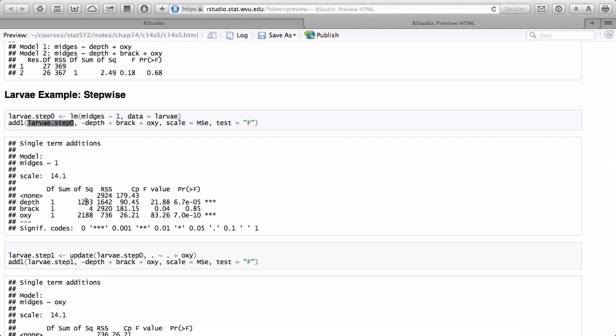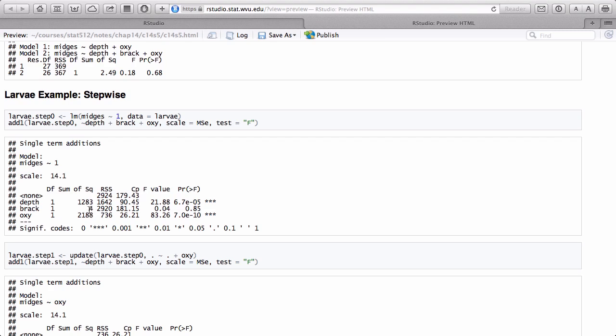And then it says, well, what happens if you add depth? Well, it's highly significant. By the way, if I now take the sum of squares due to depth and add it to its residual, I get the residual sum of squares for none. And then for brackishness, it only accounts for 4 sum of squares.